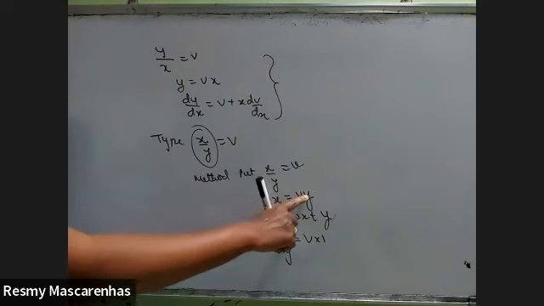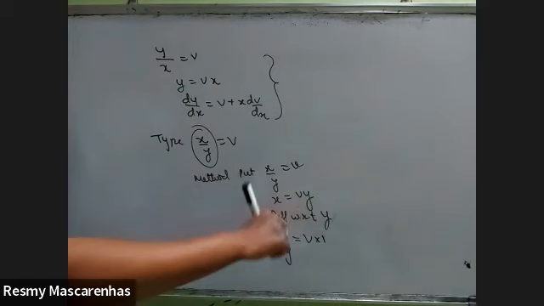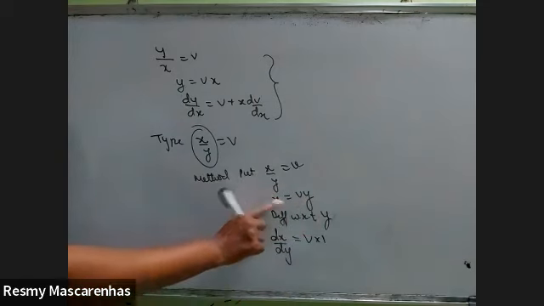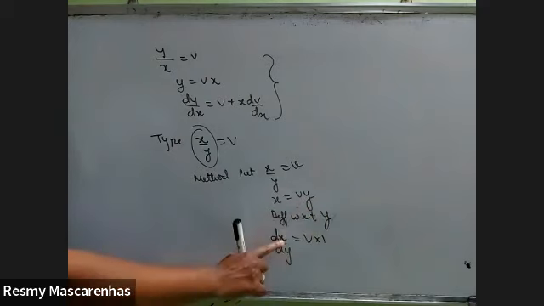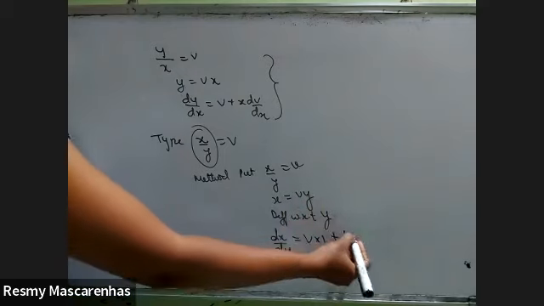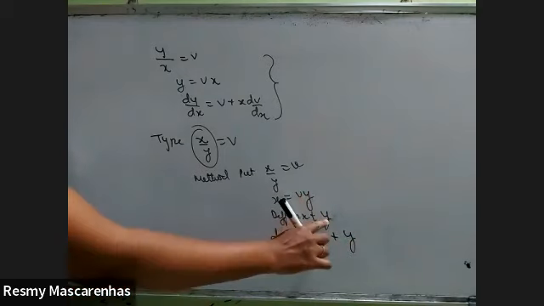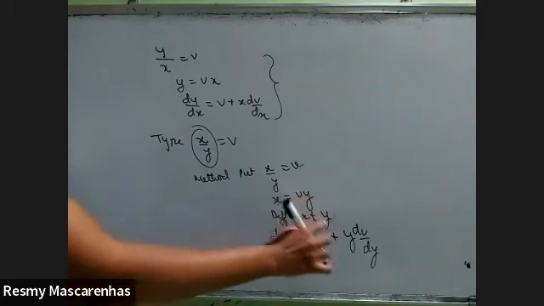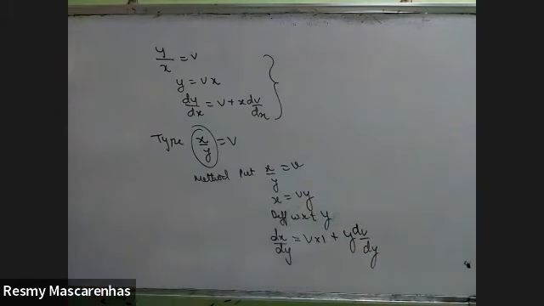But if this was x and this was y, then it would have been dx upon dy. Here this was x, but this is y, so that's why dx upon dy plus y. Now this we are differentiating, so this will be dv upon dy. We have to differentiate with respect to y. So this will be the substitution now: dx upon dy is v plus y dv by dy.